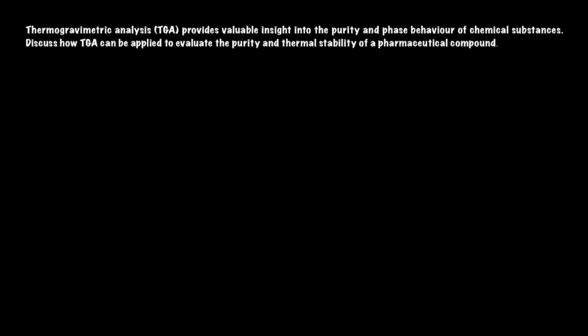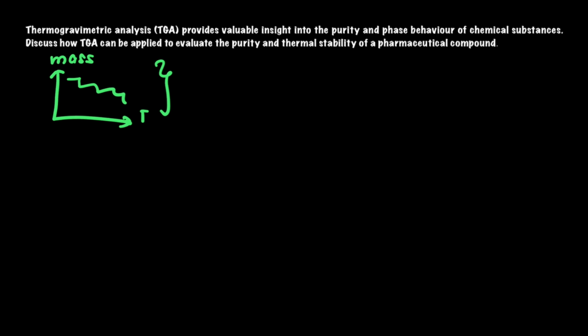Alright, the fundamental basic of TGA is actually to determine the change in mass with the temperature. It means that as the temperature goes up, you can see the changes in the mass of your compound.